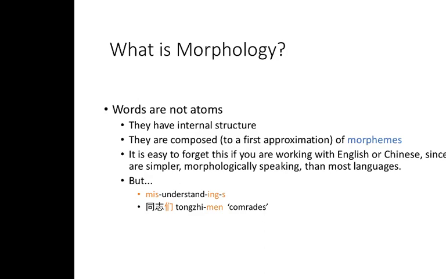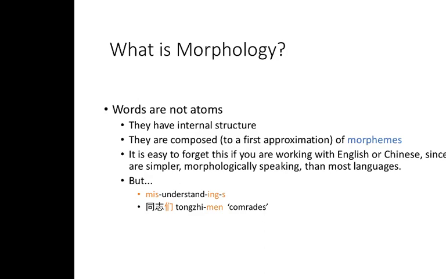We're specifically going to talk about words. Now, words are not atoms. By that I mean that words have internal structure. I don't mean atoms in the sense of real atoms, because we know they have internal structure, right? But atoms in the classical Greek sense of these indivisible particles. Words are not like that.